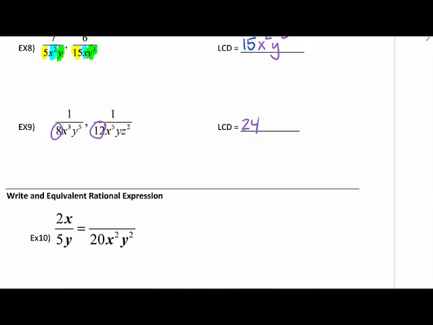So now we're going to look at our x's. We take the bigger amount, which is x to the 5th. We look at our y's. We take the bigger amount, which is y to the 5th, and don't forget that there is a z squared here, and you have to bring that over as well because we have to include everything that's there, so don't forget that piece.